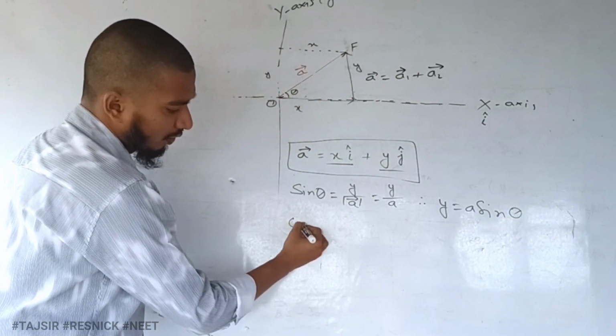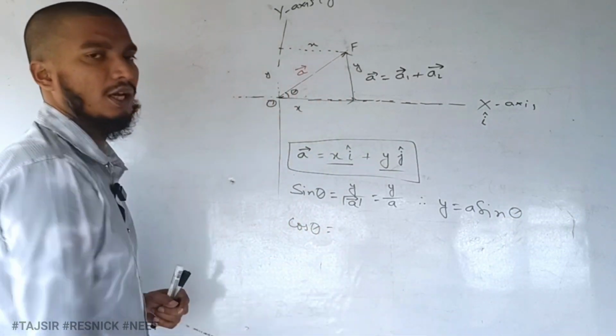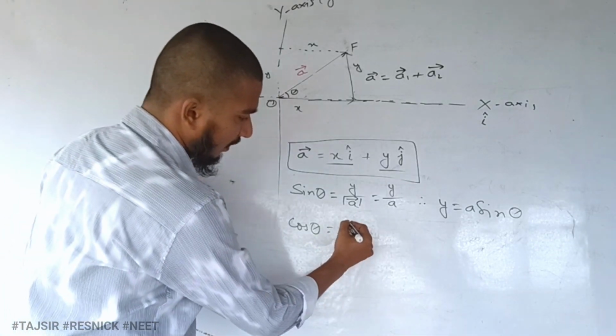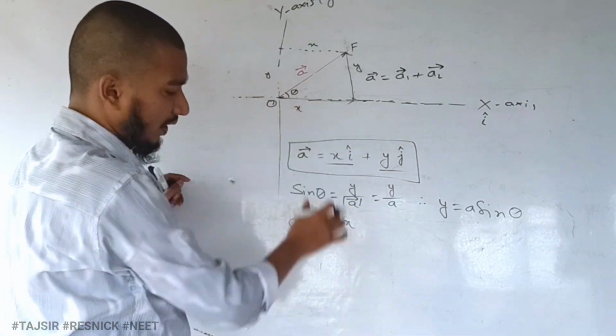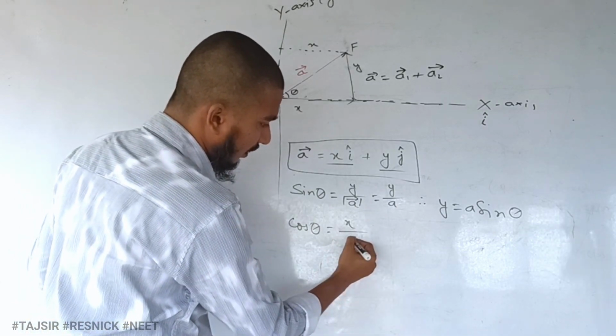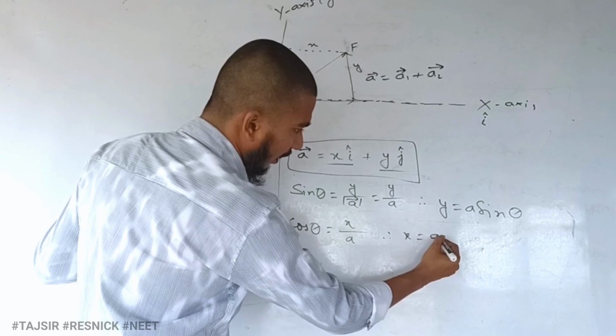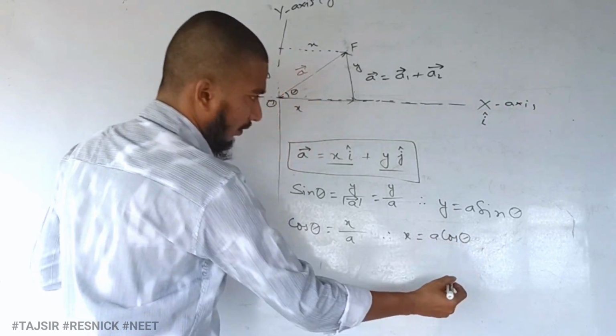Similarly, if we calculate cos theta, we have base by hypotenuse, and base is x of the triangle and hypotenuse is A. Therefore x equals A cos theta.